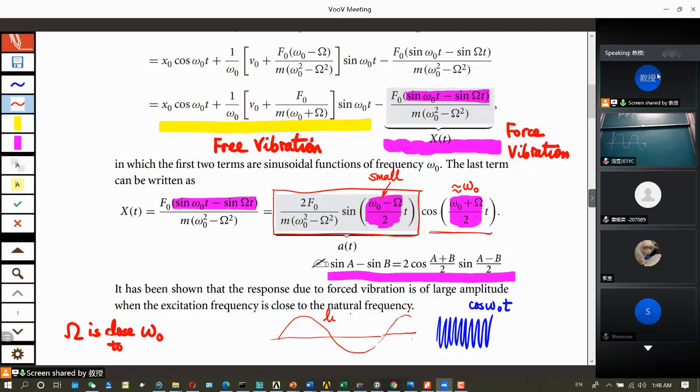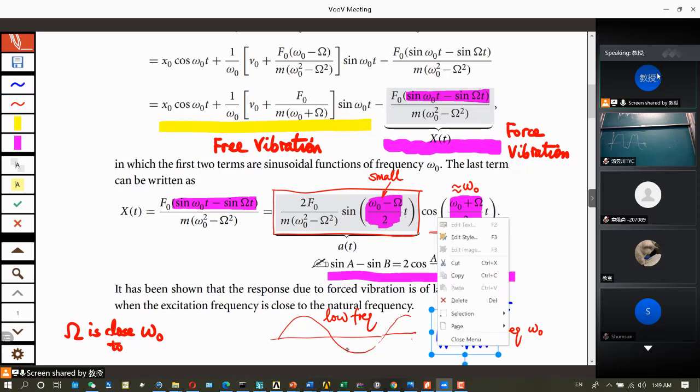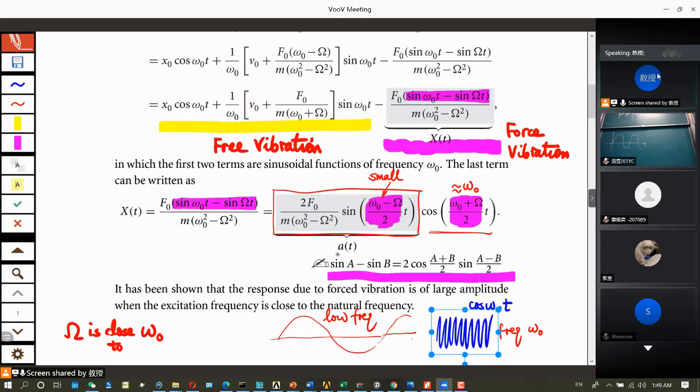Okay, so this is a low frequency. This is, say, relatively high frequency, omega 0. Okay, is that clear? So now this whole term is the amplitude for the blue function. So we are fitting this blue cosine omega 0 t into the red amplitude. Okay, so this becomes the amplitude.